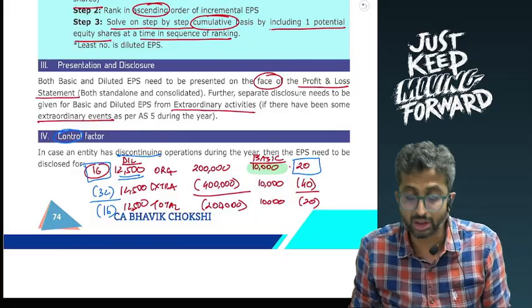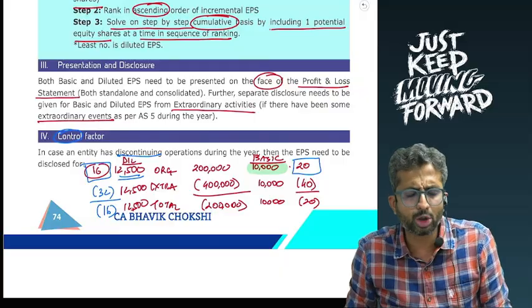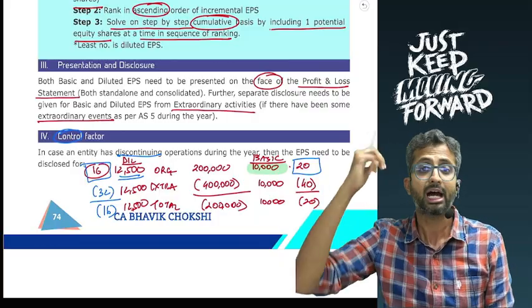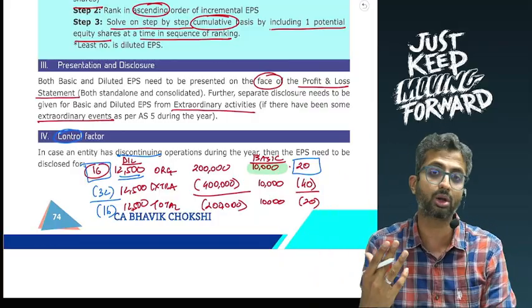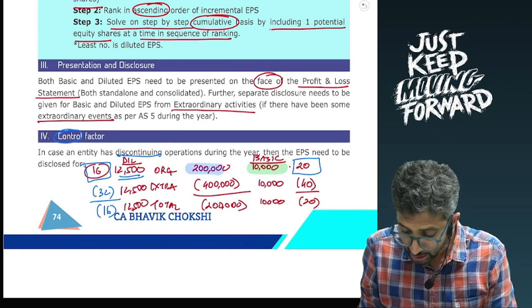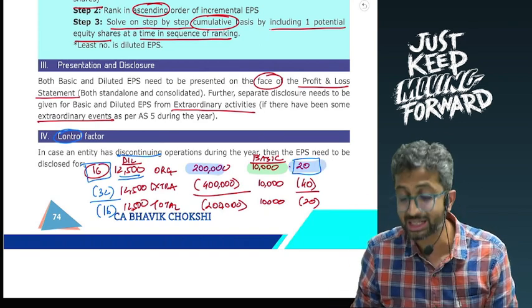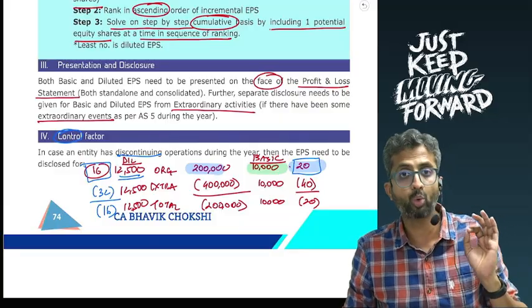What is more important, the extraordinary activities, the continuing activities, the discontinued activities? We say that the continuing ordinary activities are of most importance. Hence, this 2 lakhs divided by 10,000, that is 20, is taken as a control number. What does it mean?